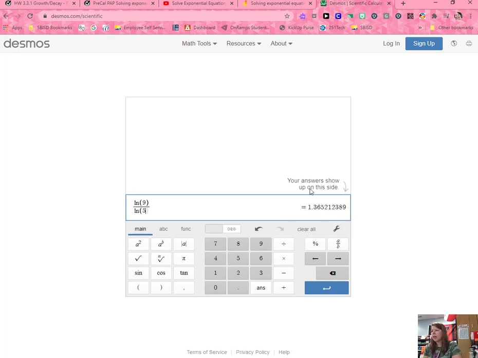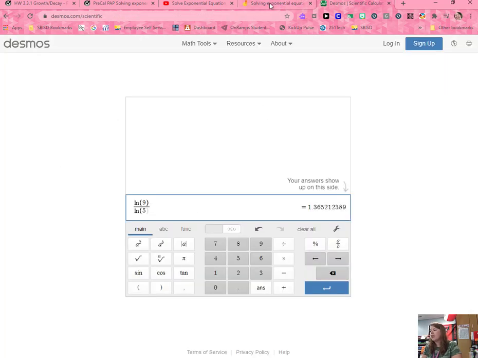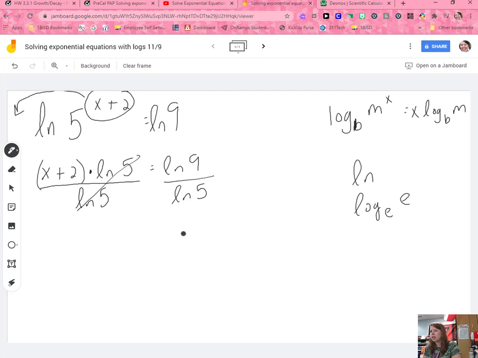It gives us a decimal here. I'm going to leave that decimal in the calculator. I'm not going to round anything. When we come back here, it's 1.36, so we'll say 1.3, just so that we can hold our place value here.